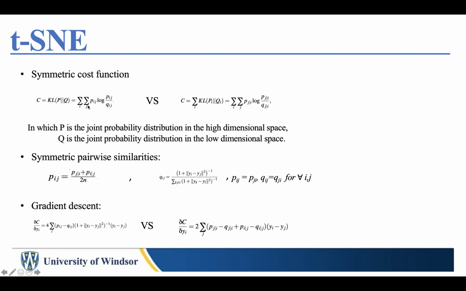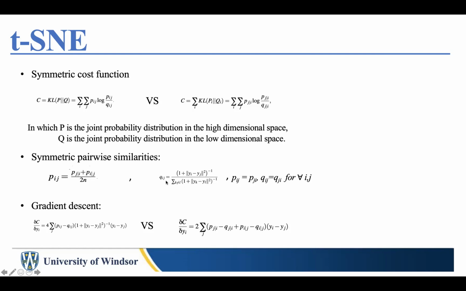Now let's look at the formulas in t-SNE. The cost function is still a Kullback-Leibler divergence, but this time it uses the joint probability instead of the conditional probability to make it symmetrical. In high-dimensional space, it defines the joint probability as the mean of the conditional probability j given i plus the conditional probability i given j.